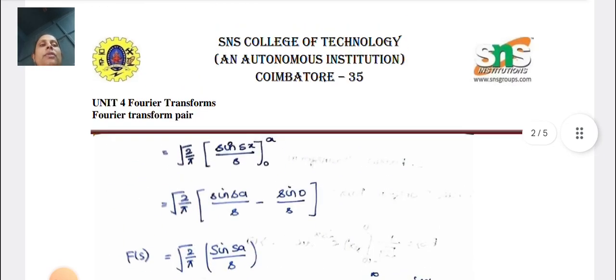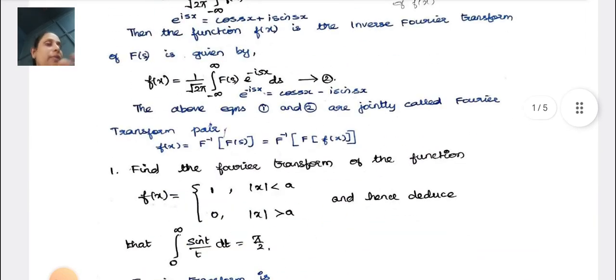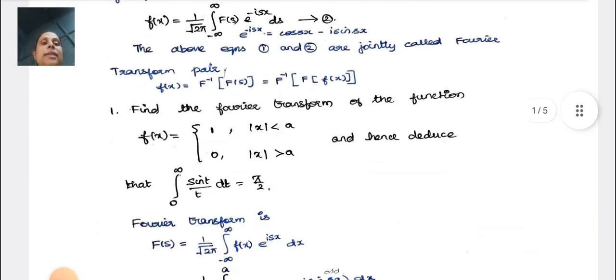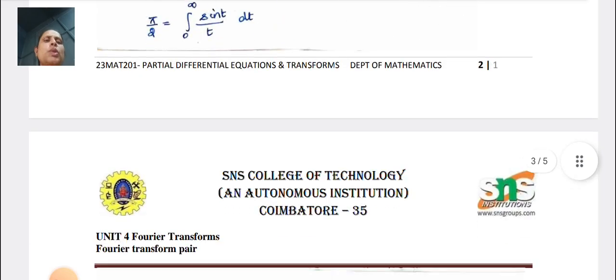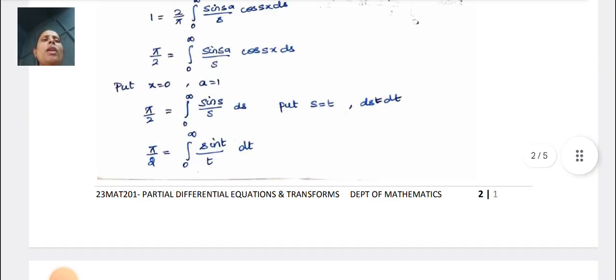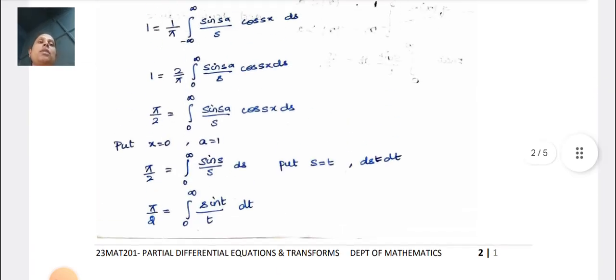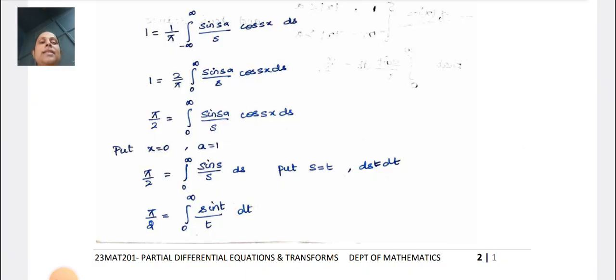So here we are going to see how we can solve it. It is the integral from 0 to infinity of sin t divided by t dt equal to pi by 2. So here we want to substitute in this answer, there is no need for the cos sx value. So if we remove the cos value, we have to substitute x equal to 0 and a equal to 1.